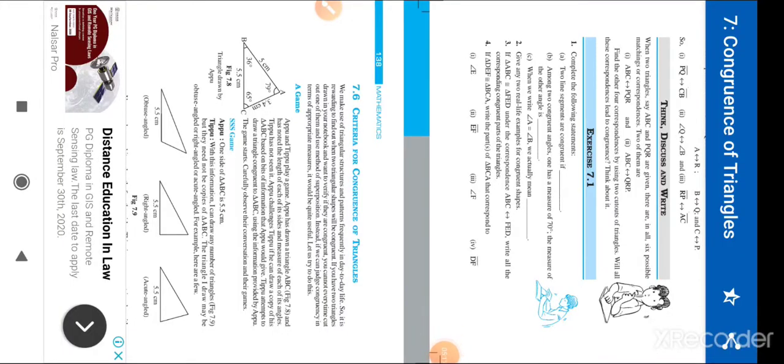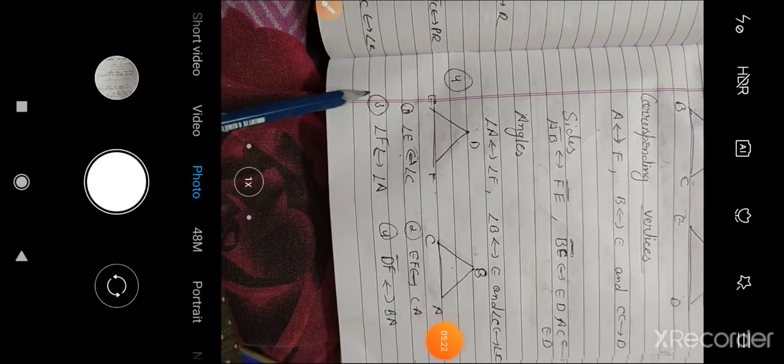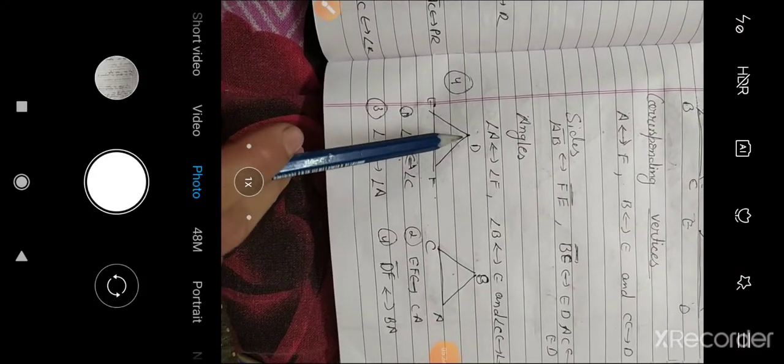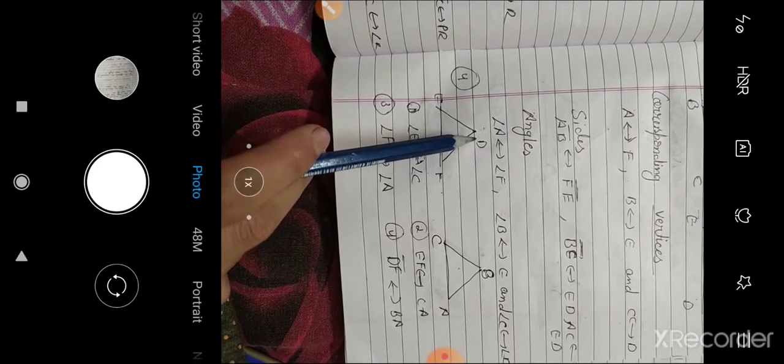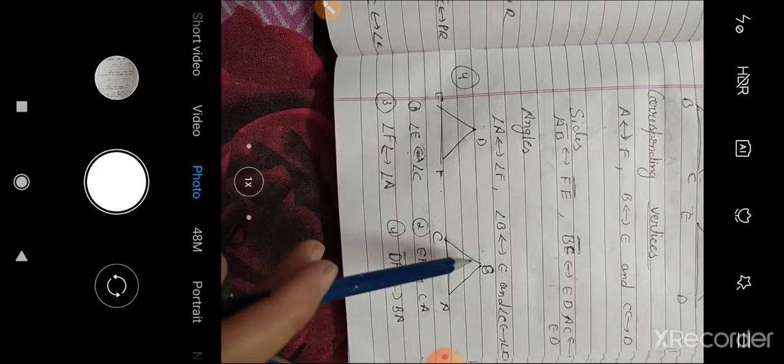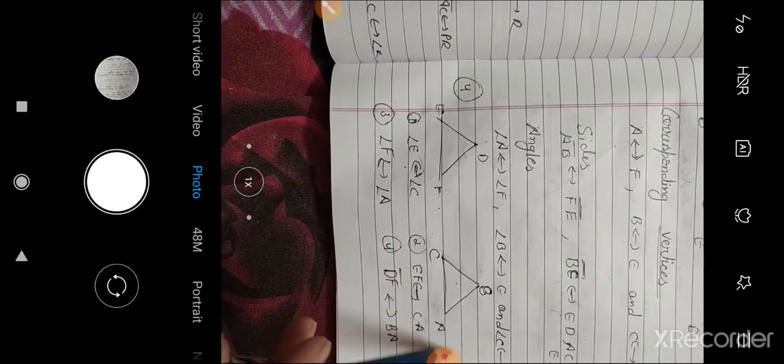If triangle DEF and triangle BCA are congruent, write the parts of triangle BCA that correspond to the given parts. There are four parts given. So first we will draw triangle DEF and triangle BCA.